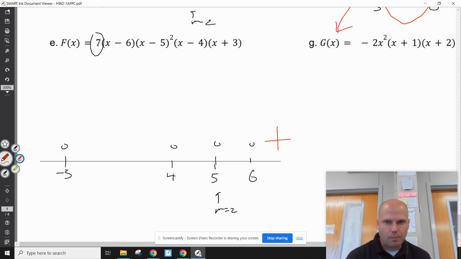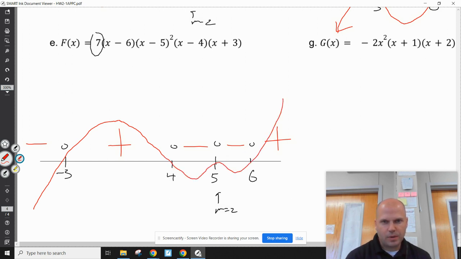Positive. If I plugged in 7, all these are positive. Change signs. Don't change signs. Change signs. Change signs. Negatives. Probably going up a lot. Negatives, negatives, positives.